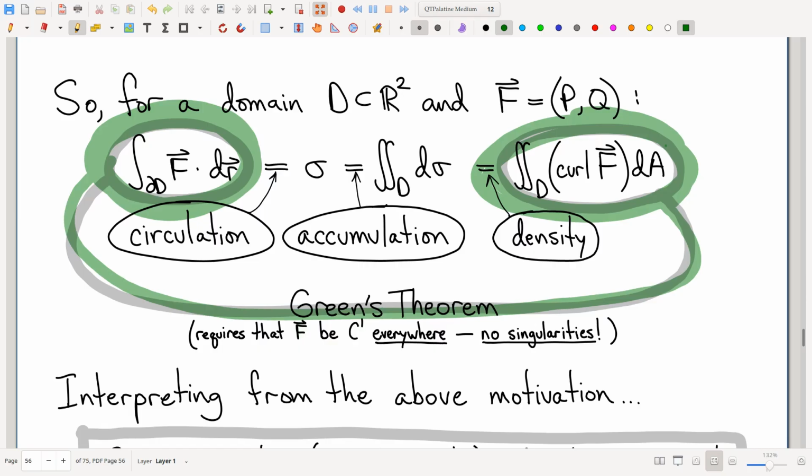If I were so inclined, I can compute this vector line integral with a double integral. And that's super surprising. It's very unexpected. They're totally different domains. This double integral is over the interior of our region. This line integral is over the boundary of our region. Different domains. They'll always give you the same answer.